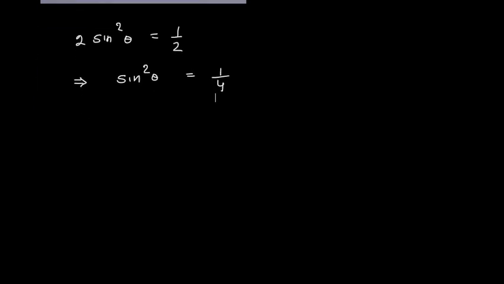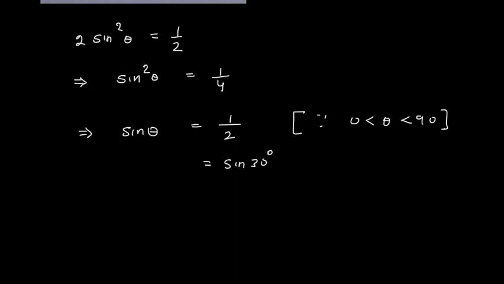Now sin square theta is 1 by 4, so this means sin theta, you take the square root on both sides and you get 1 by 2. Now I am not writing minus 1 by 2 because theta is between 0 and 90. So now sin theta is 1 by 2, and we know that sin 30 degrees is 1 by 2. So therefore from here I can say that theta equals 30 degrees. So this is the solution.